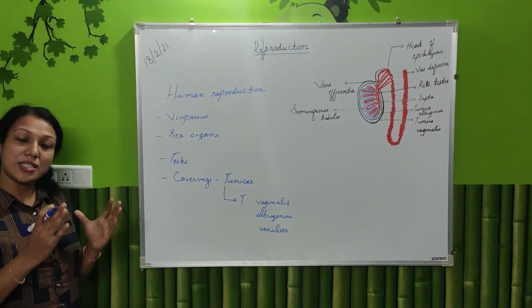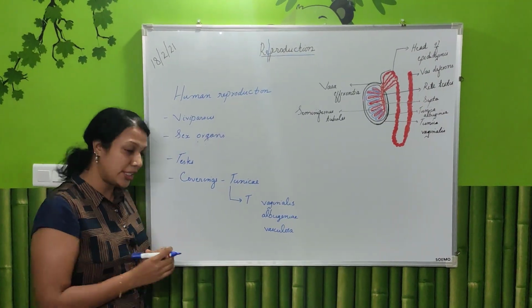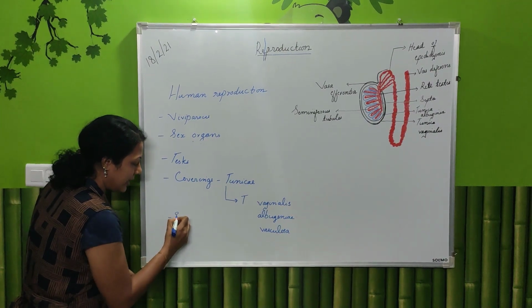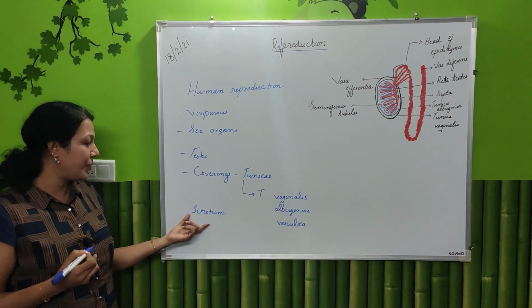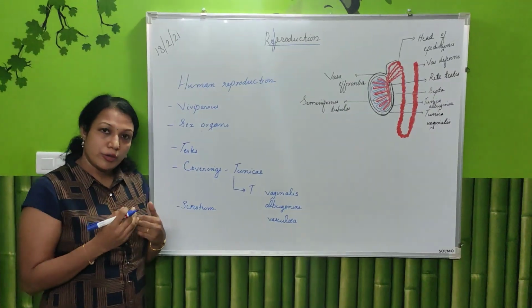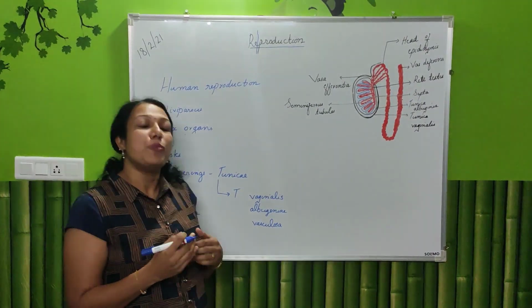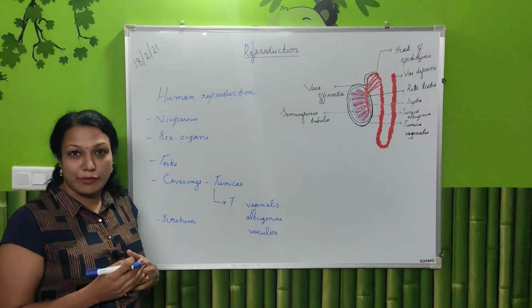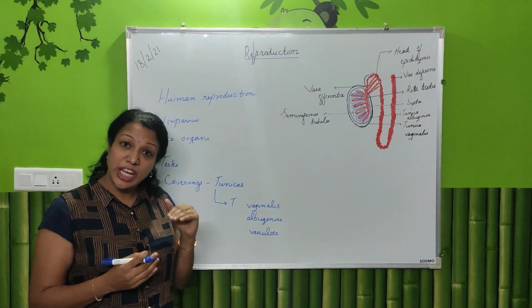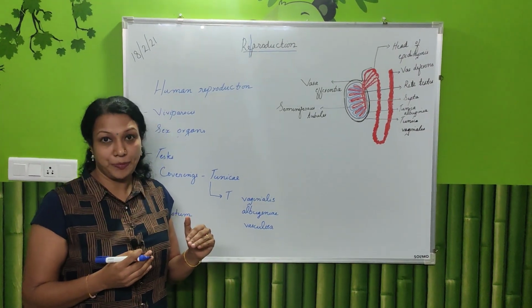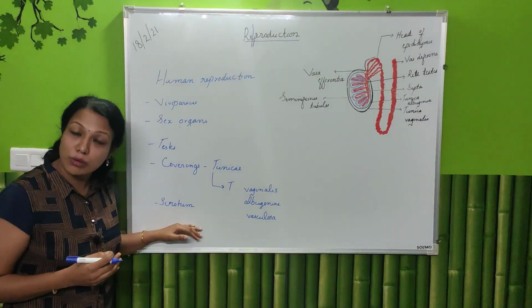So the testis is protected by scrotum, that we already studied. Testis is present inside scrotum. We have to discuss the formation of testis in the fetal life. The testes are formed inside the abdominal cavity below the kidney. Later they enter into the scrotum.